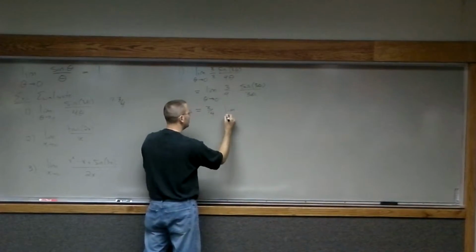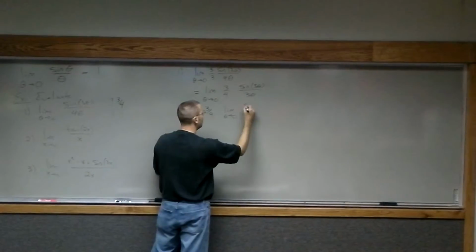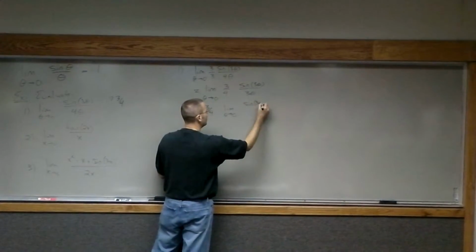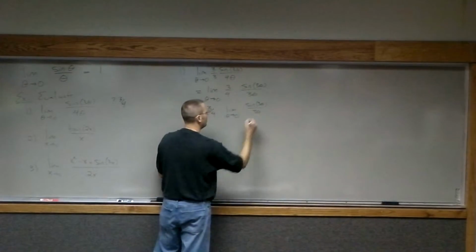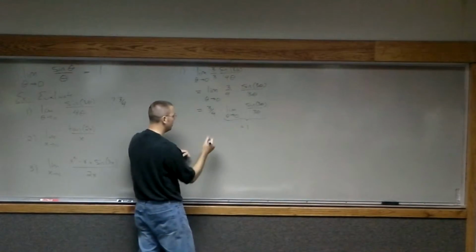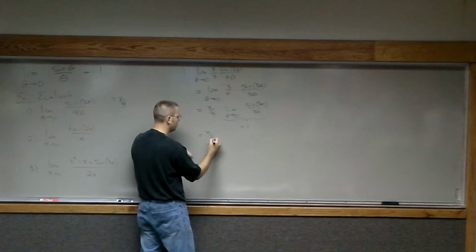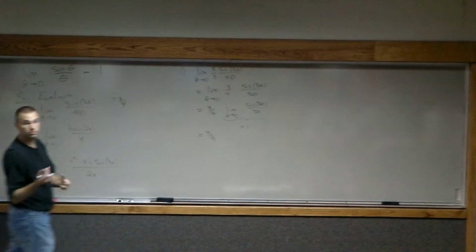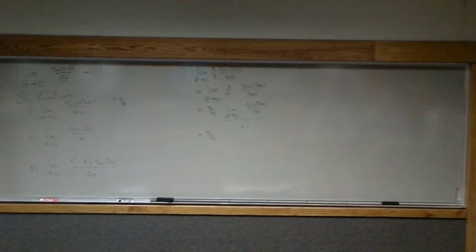My limit on the inside of the sine of 3 theta over 3 theta, this limit right here from previous work is 1, and so the entire value is 3/4. Just like our guess at the beginning said. Okay, all right, good. Not bad.